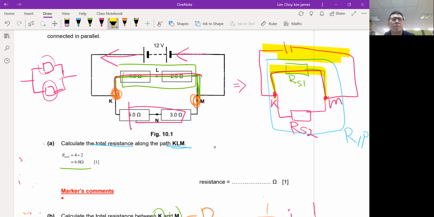The potential difference across these two branches is actually the same. So if my potential difference is 12 volts, the potential difference across RS1 is also 12 volts, and across RS2 is also 12 volts.